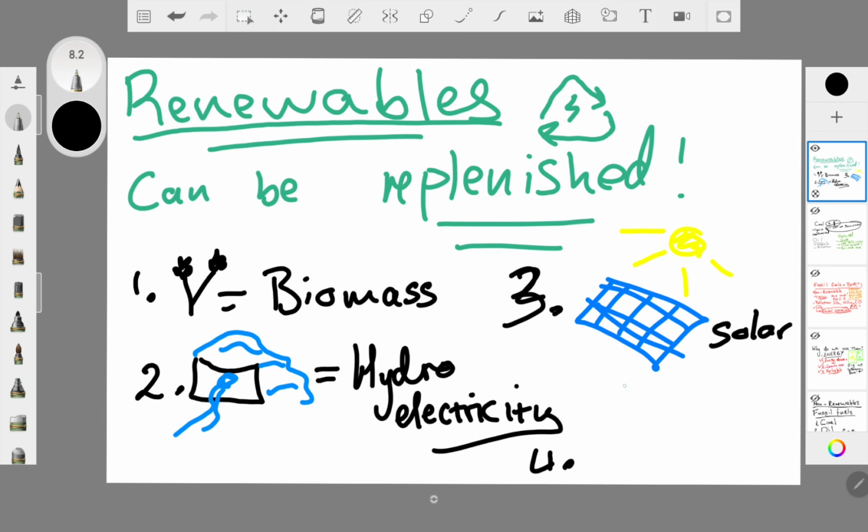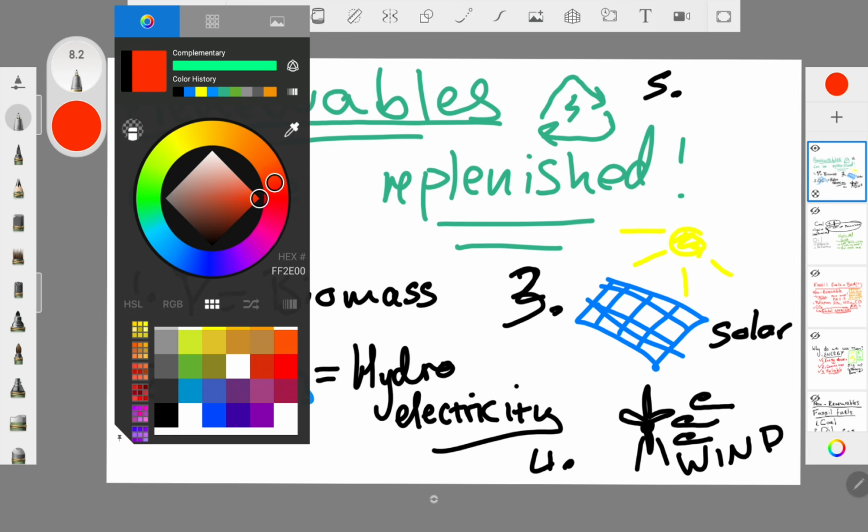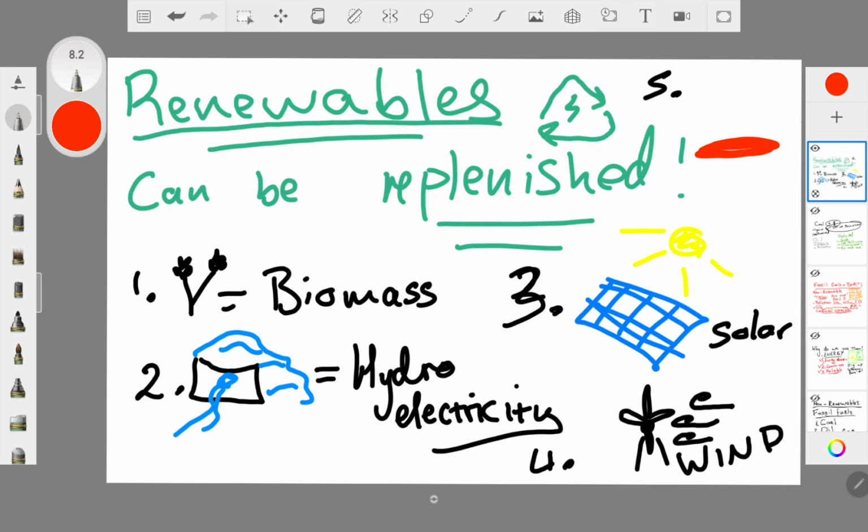And four, let's look at one more. If I have a turbine and it's blowing, this is, of course, an easy one, wind energy. Yeah? There are other types of energy as well. We have five, just one quick last one, energy that we take from underground near the mantle. Remember, it makes heat.